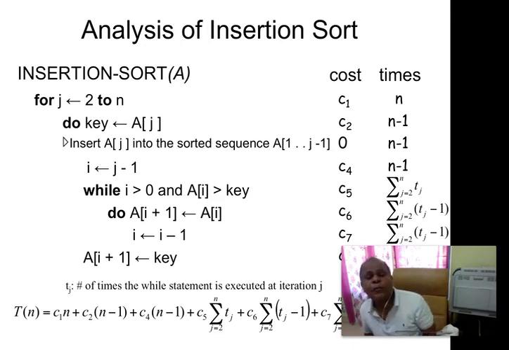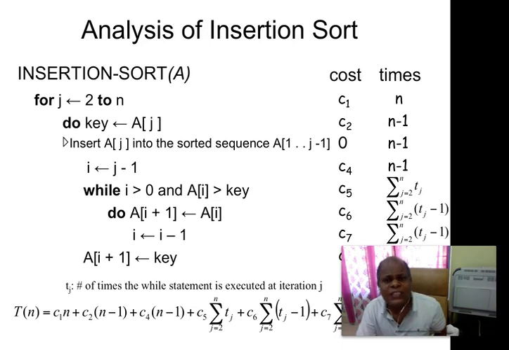This is the time complexity of insertion sort. Here, tj is, as I have already told, the number of times the while statement will execute at each iteration of j, and the j value will change from 2 to n. That's why we take the summation of tj over j from 2 to n. Now this is the time complexity.